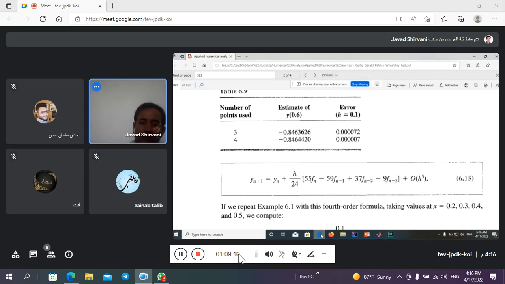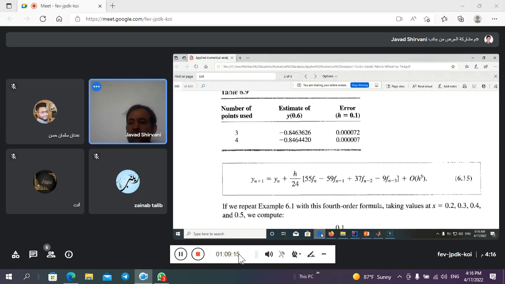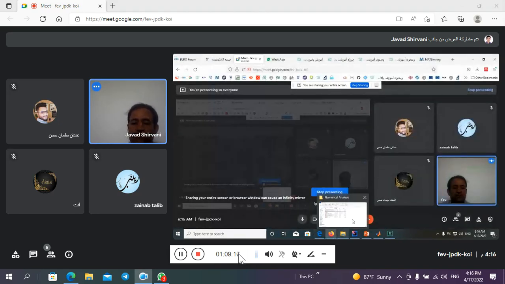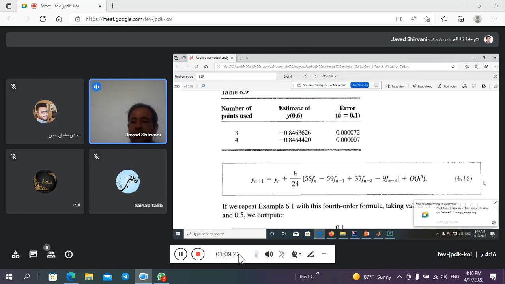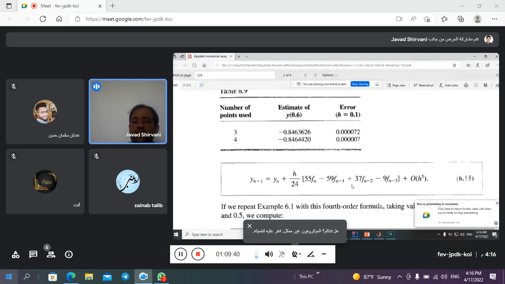Approach for solving the differential equation using the formula in this box, 6.15: Yn plus 1 equals Yn plus h divided by 24, 55 Fn minus 59 F index n minus 1 plus 37.